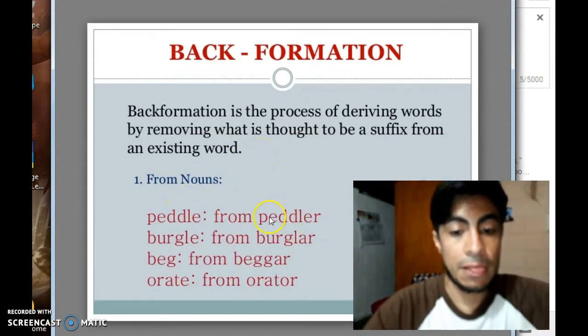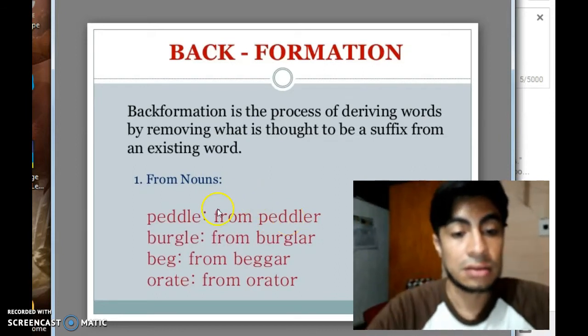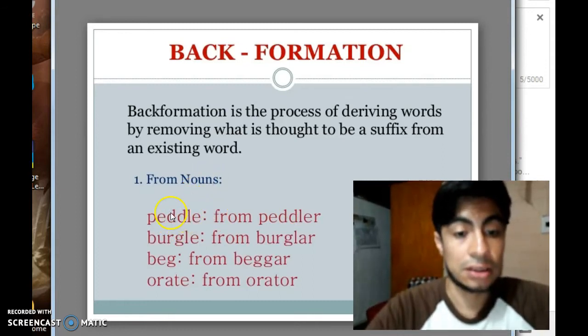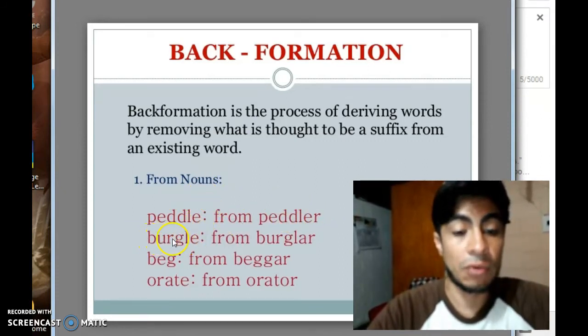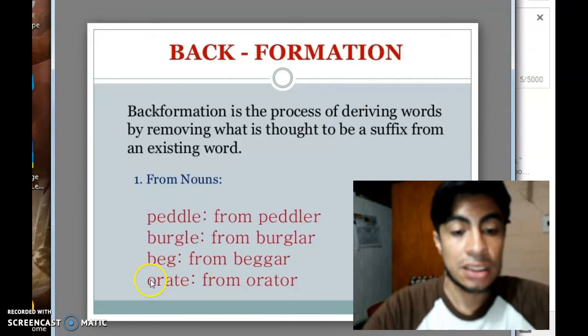that we've got the word parallel, and the word pedal results from parallel, and the word burgle from burglar, and the word beg from beggar, and orate from orator.